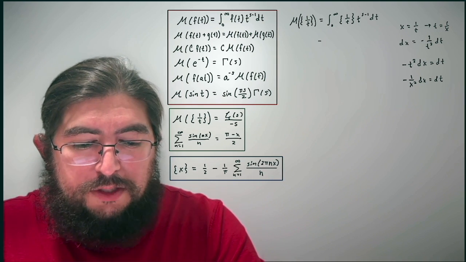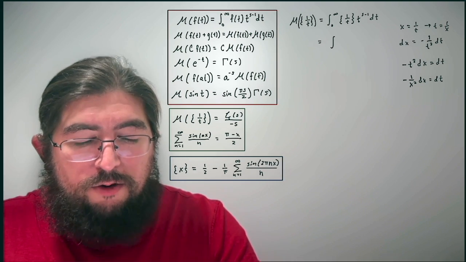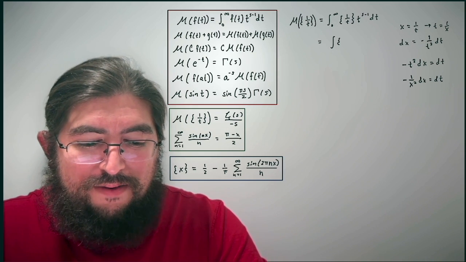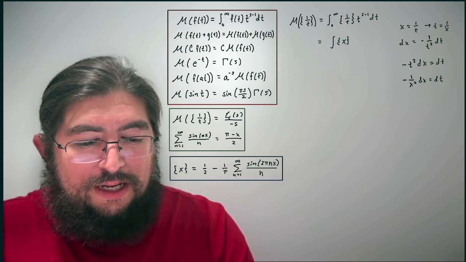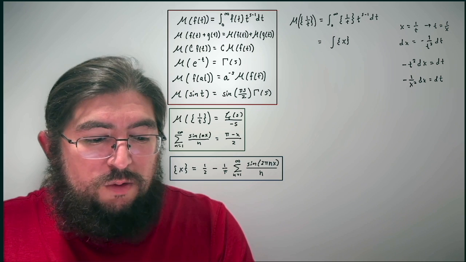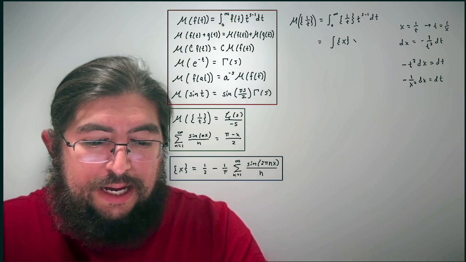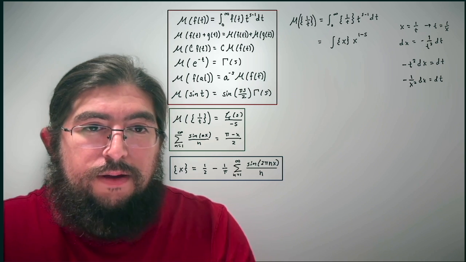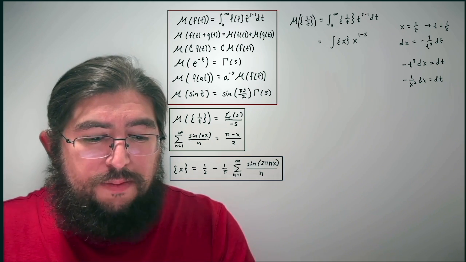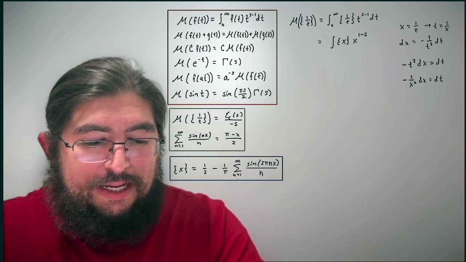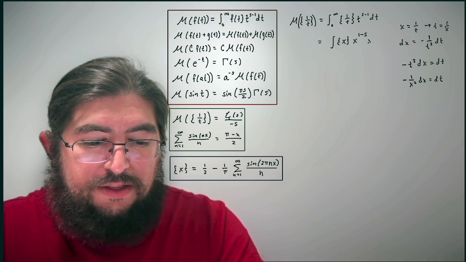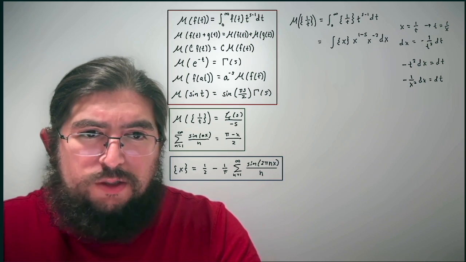Anyways, making this substitution, we get the integral from somewhere to somewhere of the fractional part of x. Now, t to the s minus 1 will turn into 1 over x to the s minus 1, which is x to the 1 minus s, because 1 over x is x to the negative 1, so it negates the power. dt is replaced by negative x to the negative 2 dx, because 1 over x squared is x to the negative 2.